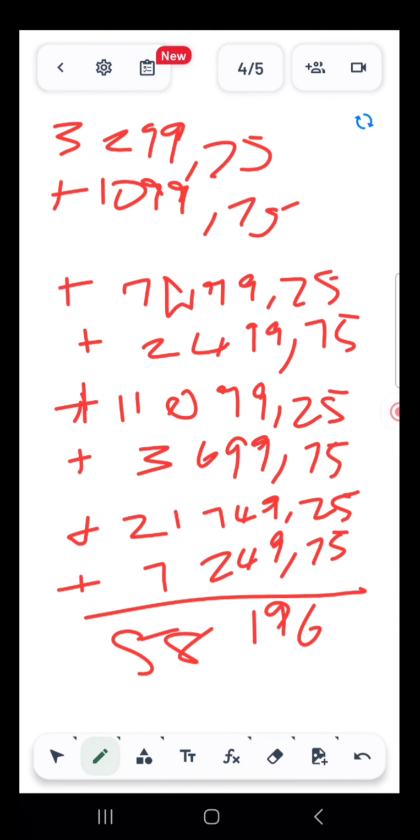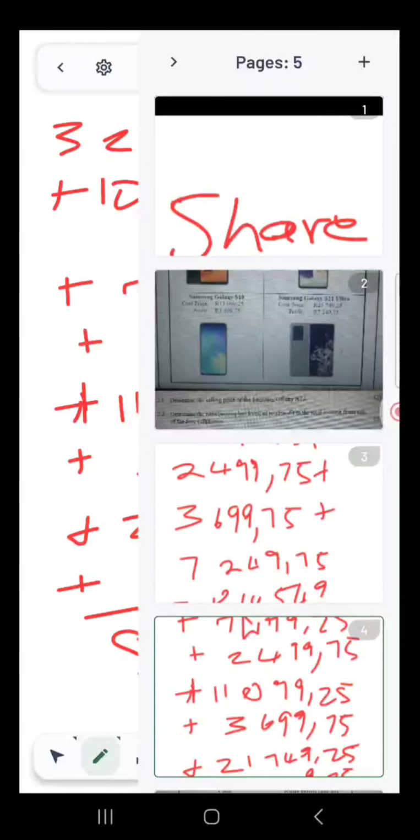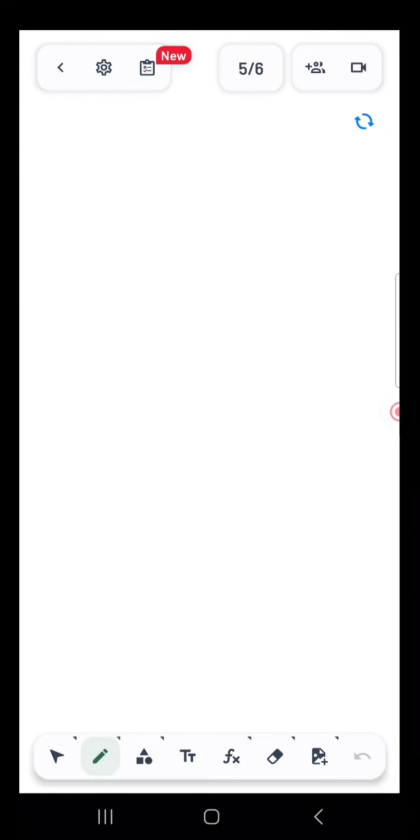So we are looking for the ratio. Now the ratio should be easy to find now that we have these two.